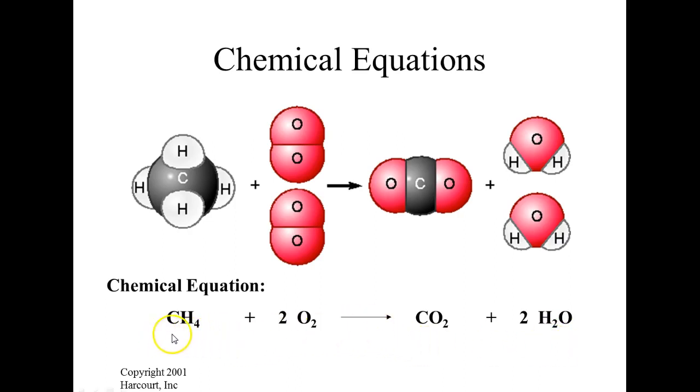We have a fuel, which is the methane. It has to be in the presence of oxygen. These are the reactants. Then I draw an arrow, and I make products, carbon dioxide, and I make water. So those are all things that you need to have in a combustion reaction. You need to have a fuel, you need to have it in the presence of oxygen, and when you're done, you're going to make carbon dioxide and water.